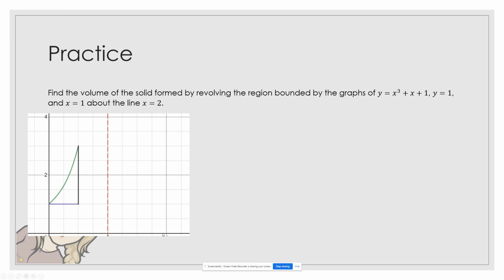So here's the shape that we are going to rotate around this line here. A couple of things I want you to notice: this is not exactly on the x-axis, so we have to keep in mind that we are not finding any of the volume here. This is all going to be empty here.